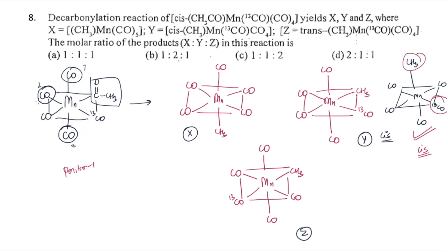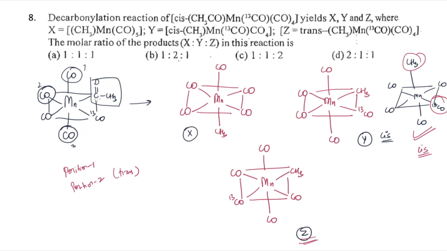If it goes to position 2, if the position 2 carbonyl is eliminated, in that case this methyl group will go to the trans position of it. So in that case you will be forming the trans product. For forming the trans product, there is just one possibility.